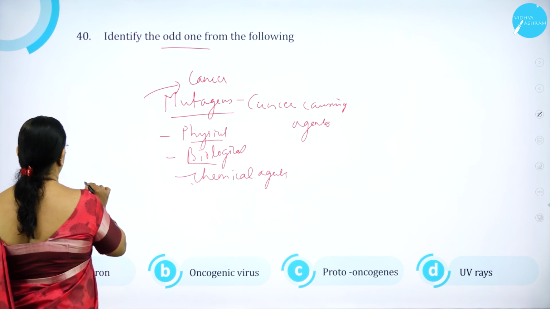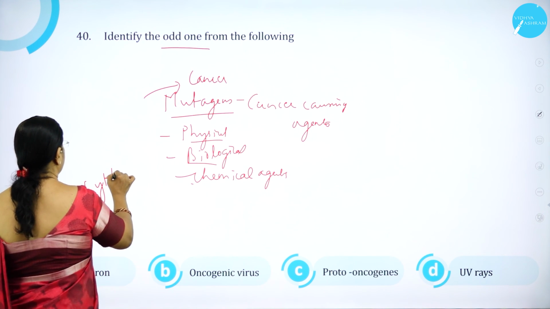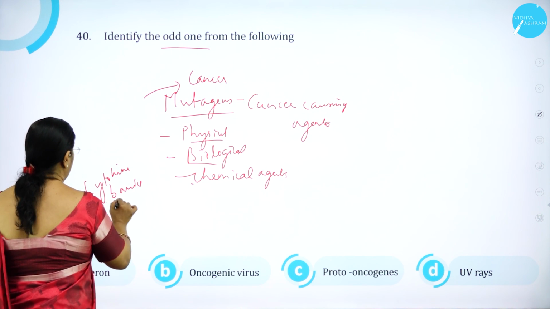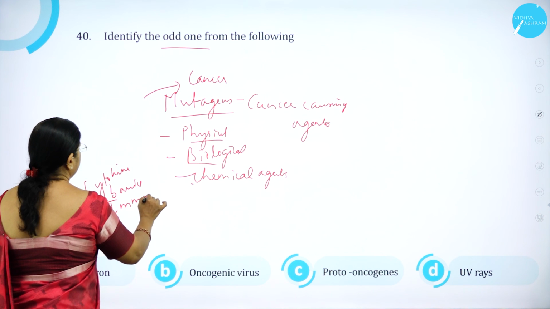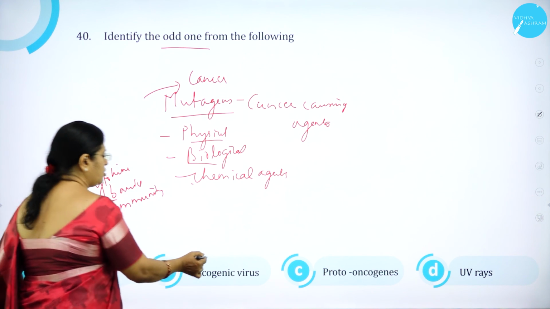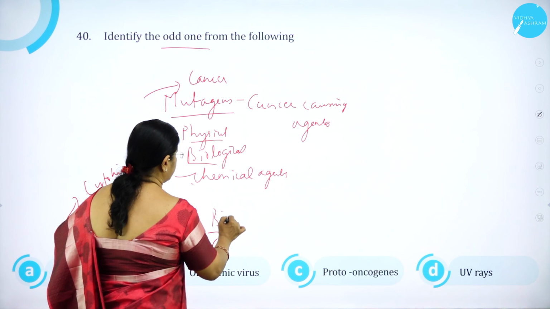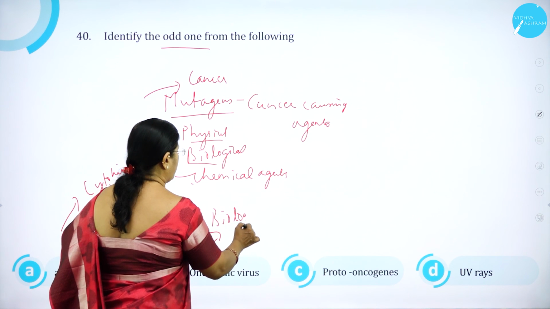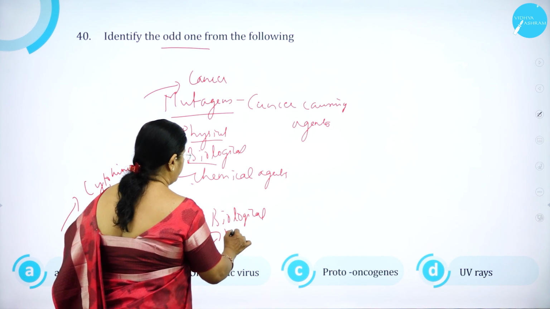Interferon is nothing but a cytokine barrier which is responsible for developing what? Immunity. It has nothing to do with cancer. Wrong. Oncogenic viruses are cancer causing viruses, biological mutagens.